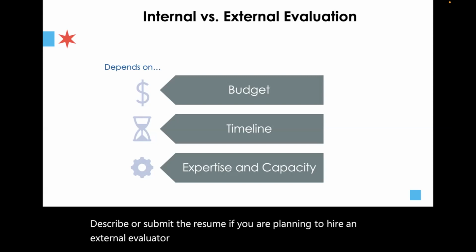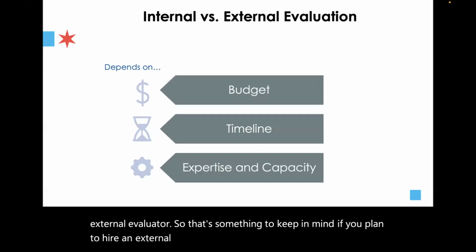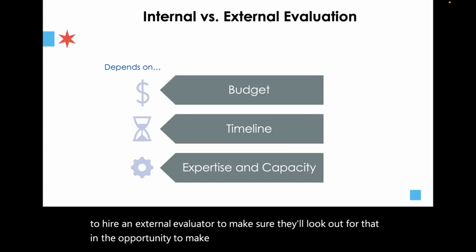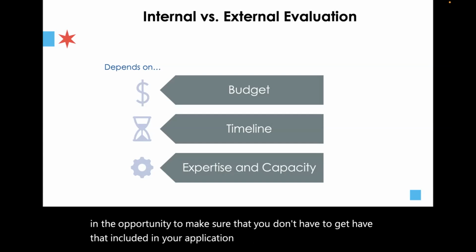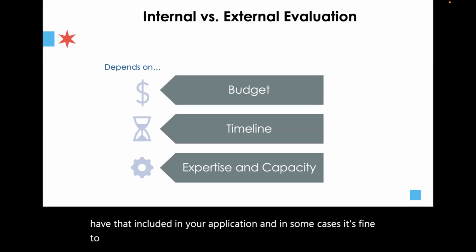So that's something to keep in mind, to make sure to look out for that in the opportunity, to make sure that you don't have to have that included in your application. In some cases, it's fine to add that on later or submit that information later.